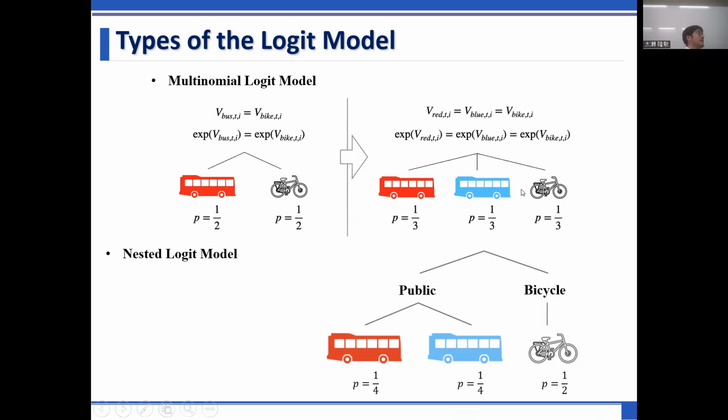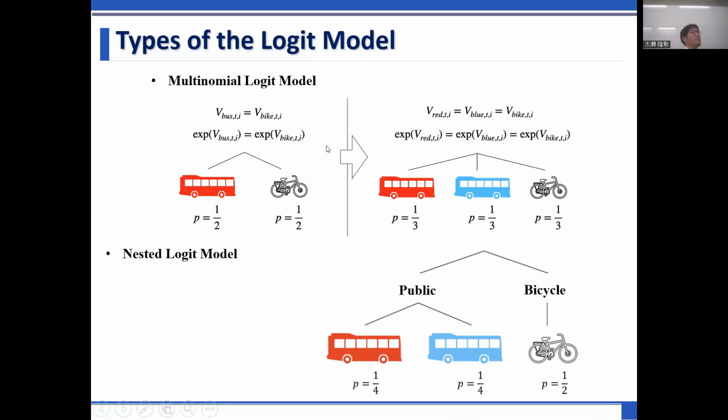On the other hand, the modal share of the bicycles is significantly decreased from 1/2 to 1/3. Yes, it's very good for cities. However, it is not so realistic.